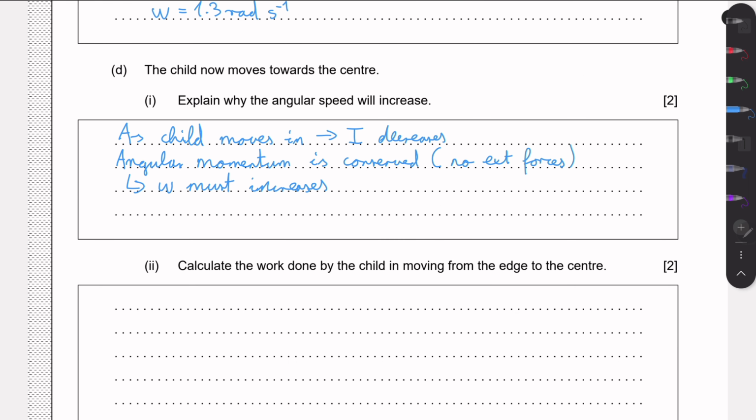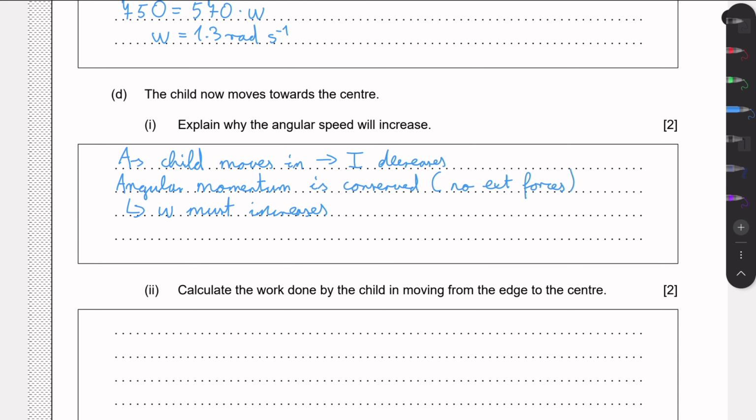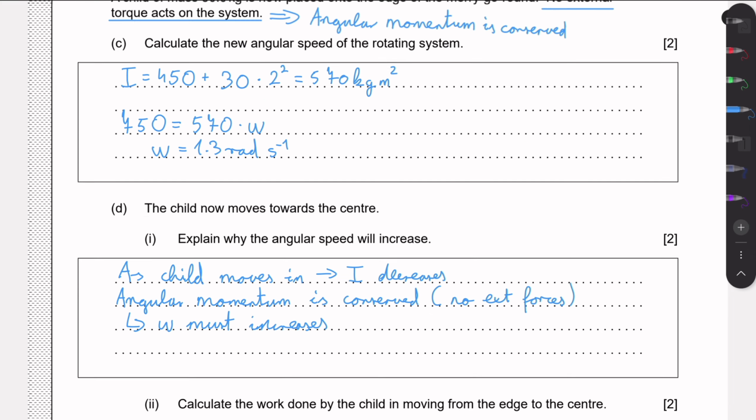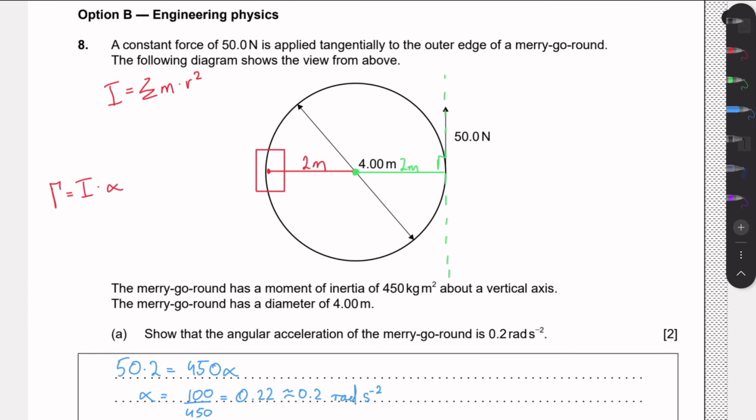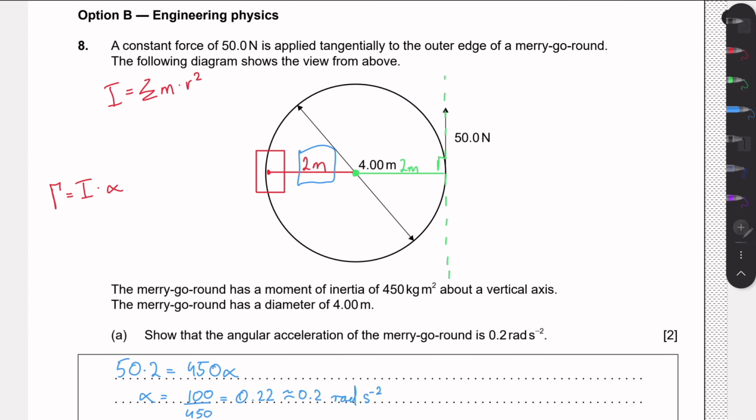And then we need to calculate the work done by the child moving from the edge to the center. When the child is in the center, what we need to notice is that this 2 meters will become 0. So the child will be a distance of 0 meters from the axis, meaning it will not contribute any moment of inertia to the system anymore, as the moment of inertia is the mass times the radius squared.